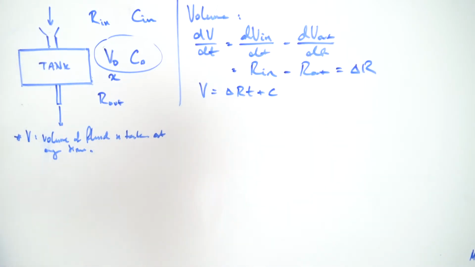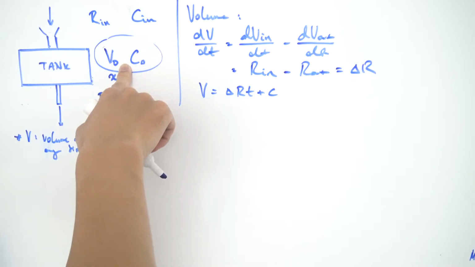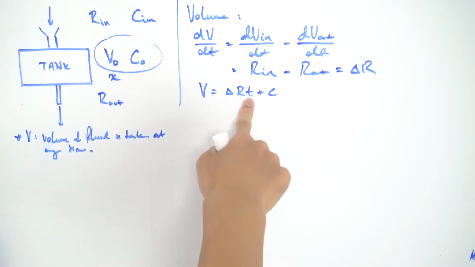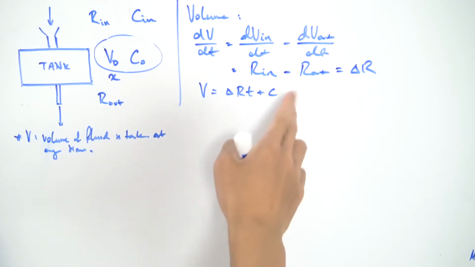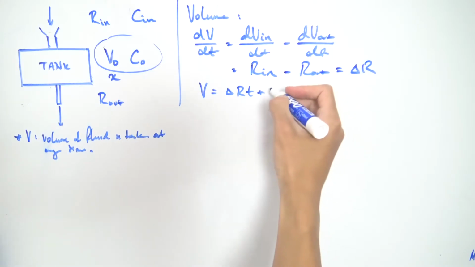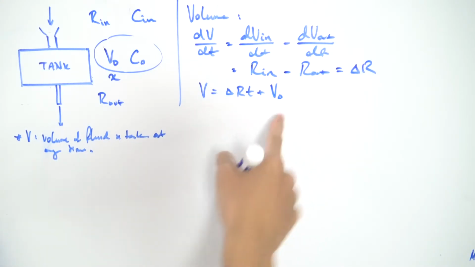Let's call it C. And what exactly is C? Well, we know some stuff about the initial conditions of the volume. We know that at time 0, initially, we have a volume of V0, which means if we plug t equals 0 in, our V should be equal to V0. So we can deduce from there that our constant should be V0, because if we plug 0 into here, then V is equal to V0.